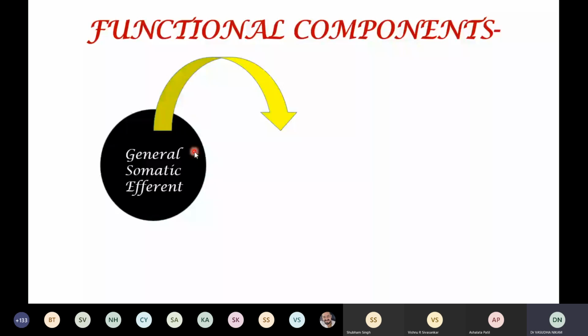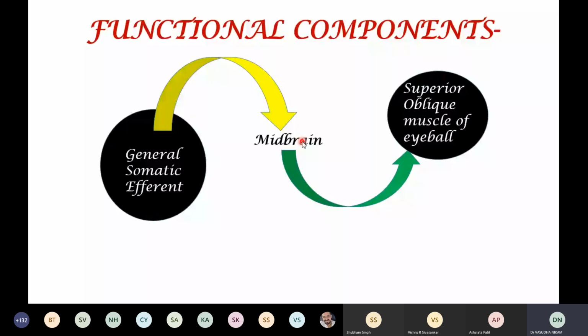So already we have studied that extraocular muscles come from preotic myotomes. These are the cranial-most somites. So the nucleus represents the general somatic efferent column. It is present in the midbrain and supplies the superior oblique muscle of our eyeball. Just now we completed the oculomotor nerve, and now we are dealing with the trochlear nerve.